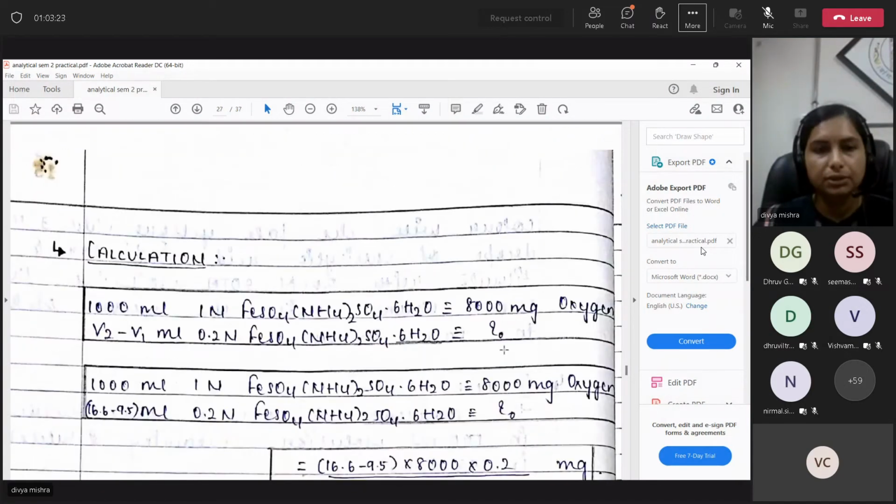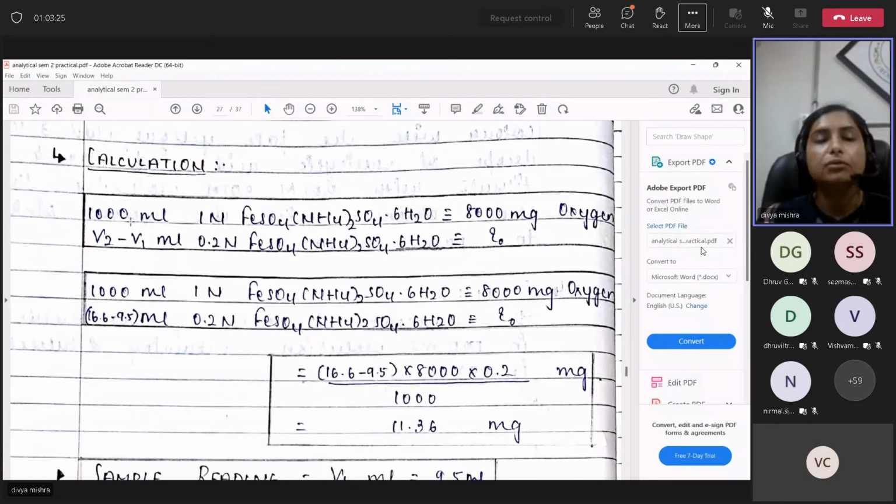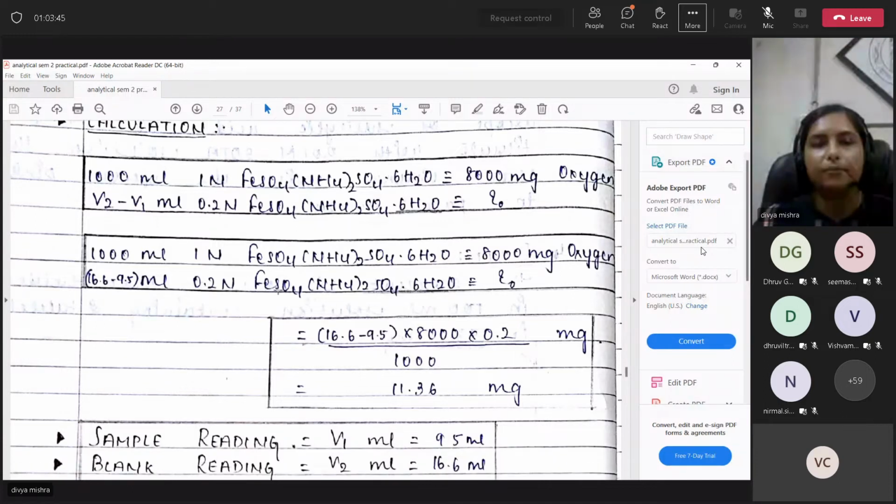Now, for 1000 ml of 1 normal FAS, we need 8 milligram, so for 1000 it will become 8000. Your V2 is the blank and V1 is your sample.